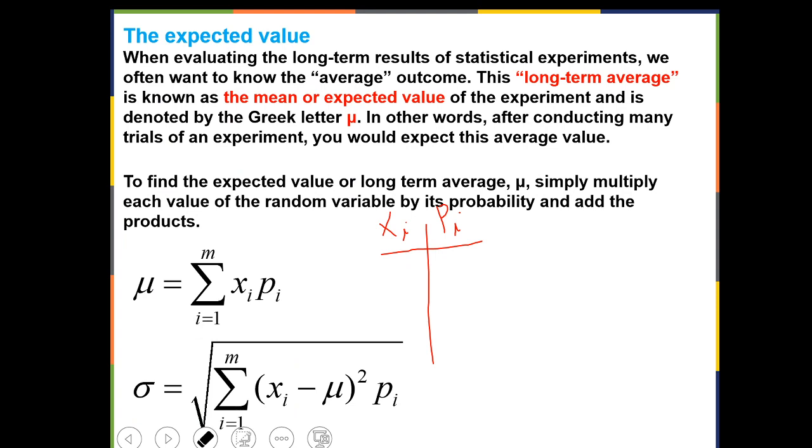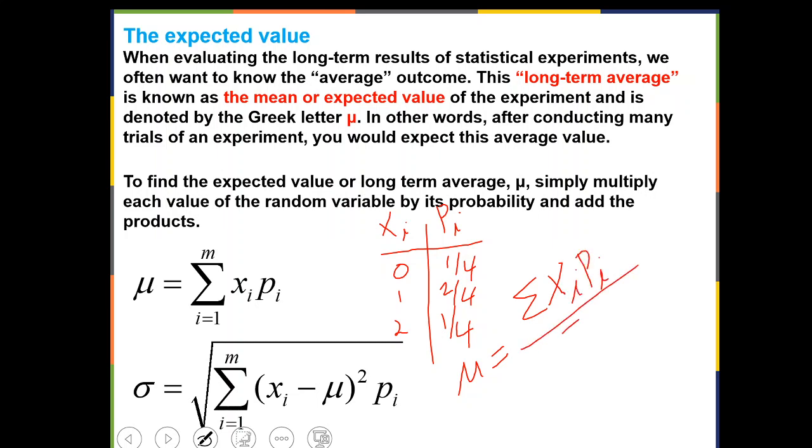The number of heads is 0, 1, or 2, and the probabilities are 1/4, 2/4, and 1/4. To find the mean, we do the same thing: multiply xi by pi and divide by the sum of the pi's. But the sum of the pi's is 1, so we end up with this formula here.